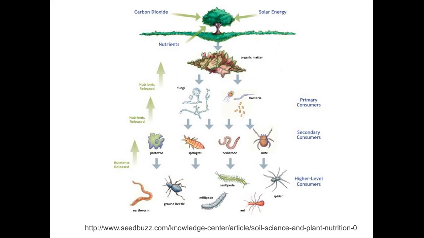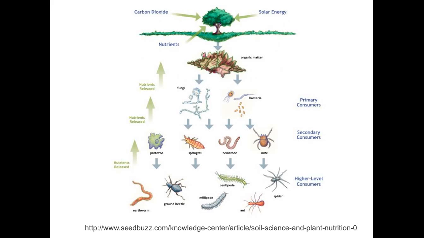So if we start at the top by looking at a tree, a nice tree that's growing, taking in carbon dioxide and taking in sunlight, taking in nutrients, taking in water, producing organic matter. That organic matter falls to the forest floor, and that organic matter looks really yummy for decomposers like fungi and bacteria, these primary consumers.